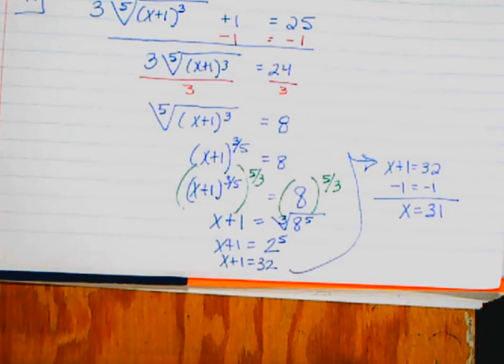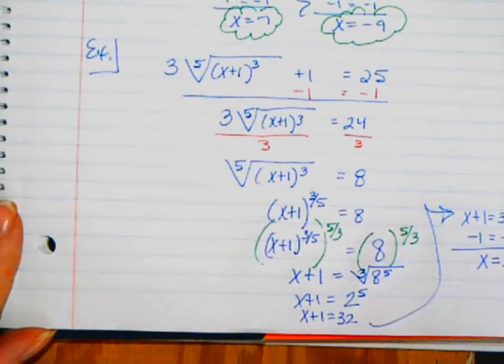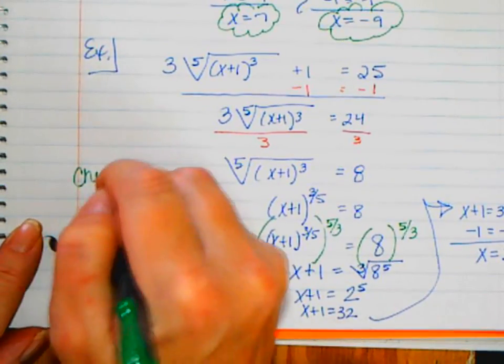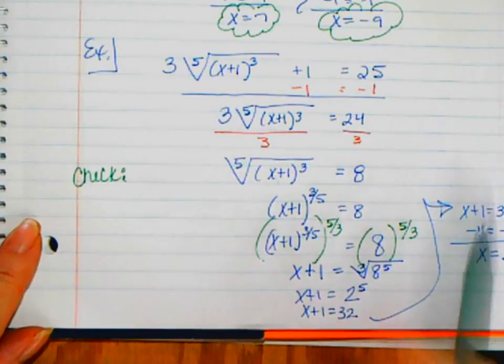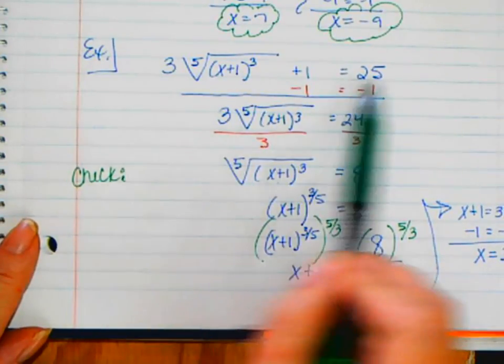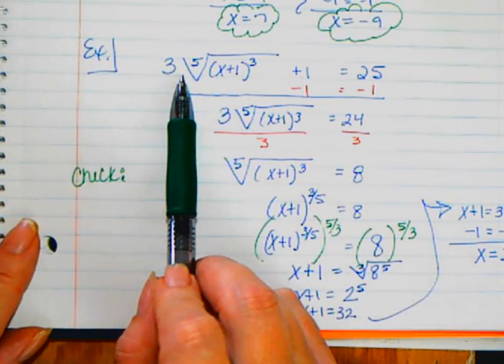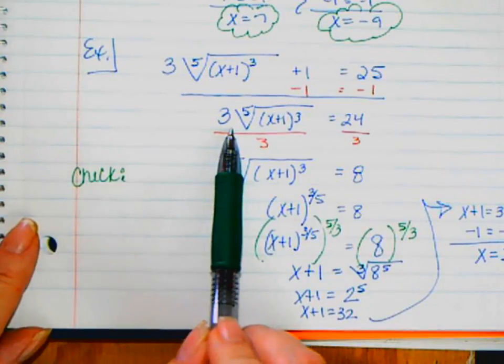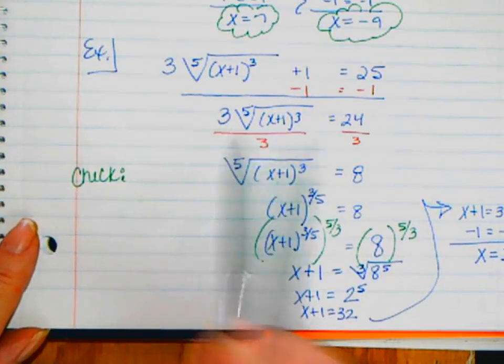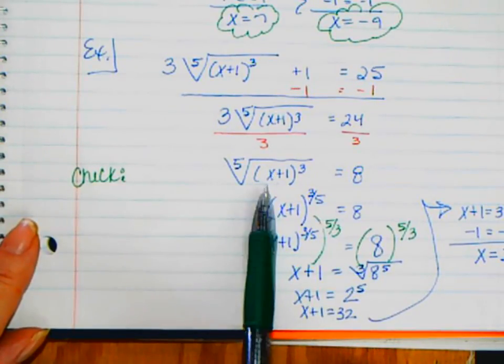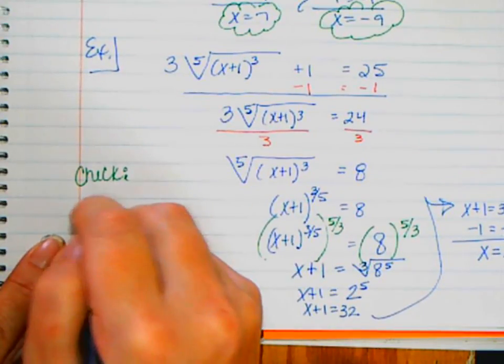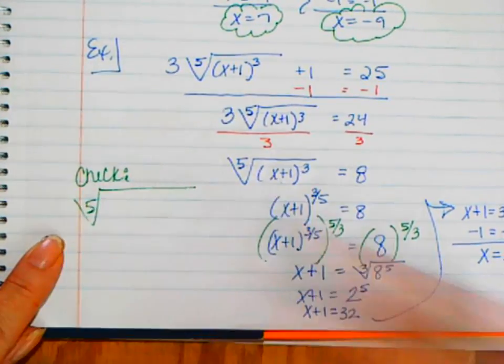Now, of course, I'm going to check it because that's what we do as good math students. And I could totally check it from the original, but I got a lot going on there. I could check it from this step here. Personally, I like to check it from the isolated step. That's less work if you ask me, and they mean the same thing.